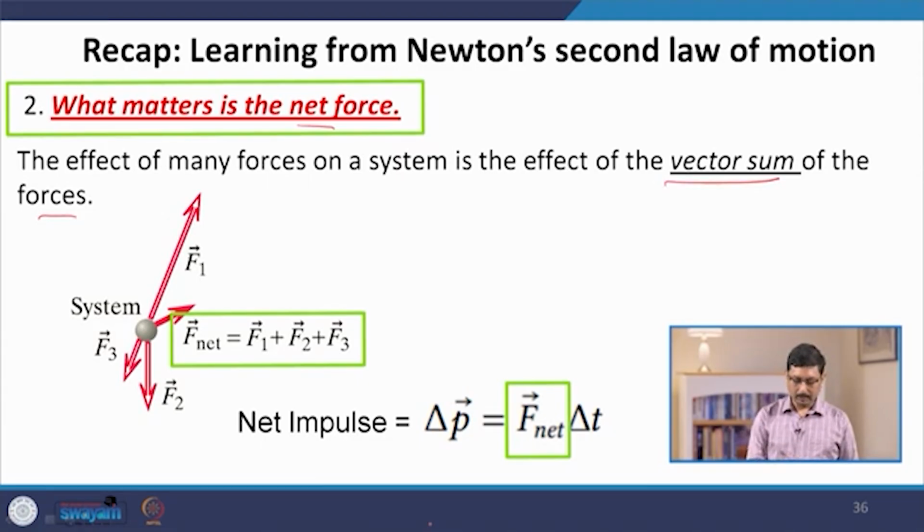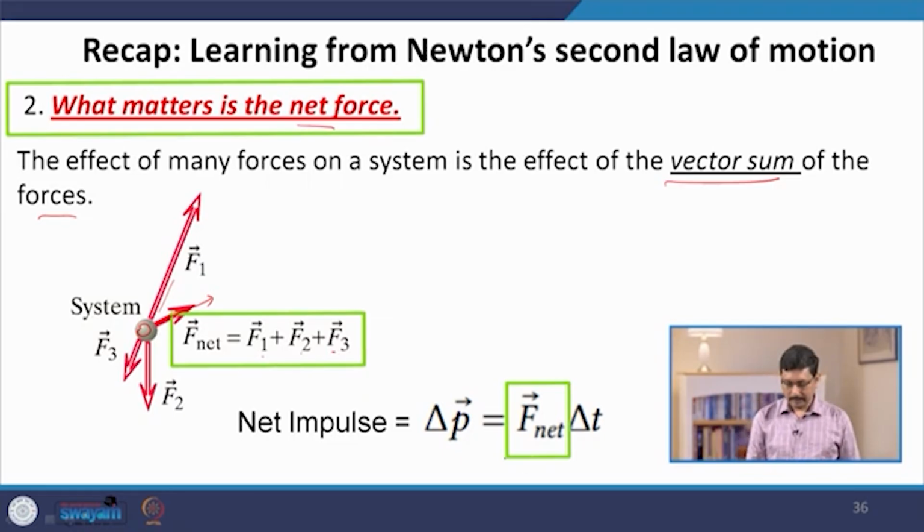For example, in this picture which we discussed in the last lecture as well, this is our system, let us say some particle, on which there are three forces acting. The particle will move in the direction of neither F1 nor F2 nor F3, but in the direction of the net or total force, which is the vector sum F1 plus F2 plus F3.